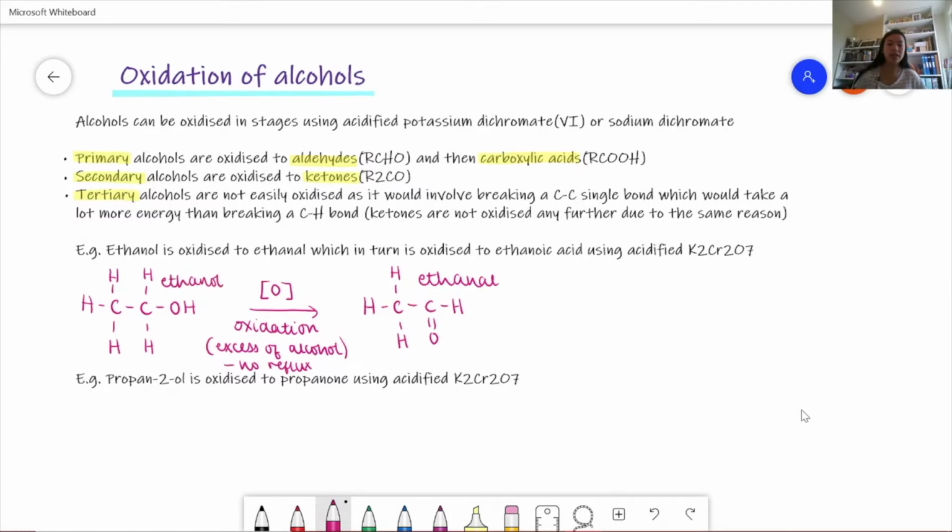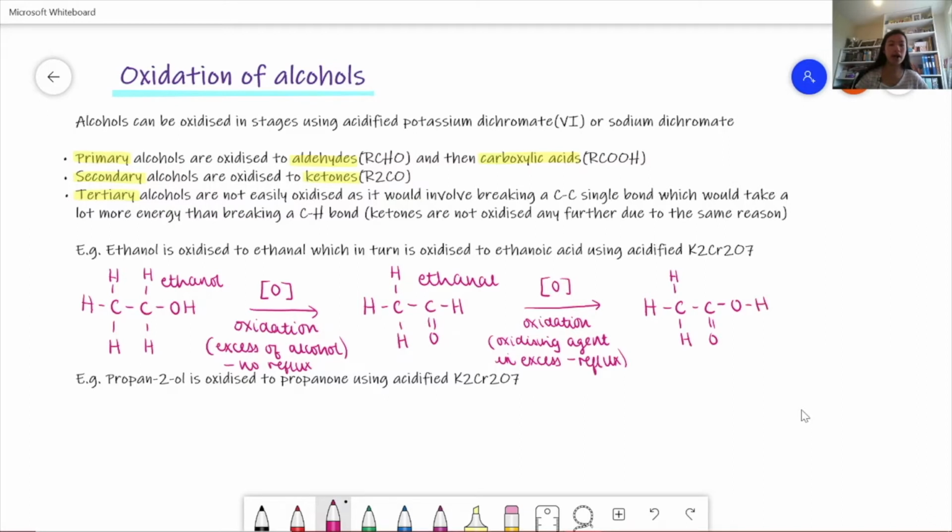And then we can oxidize this even further using the square brackets O, and we label it oxidation. And this time we need the oxidizing agent in excess. And also we do have reflux this time. So this forms the ethanoic acid, which has a display formula of CH3, C double bond O, OH.